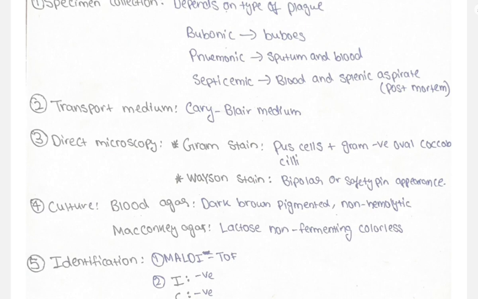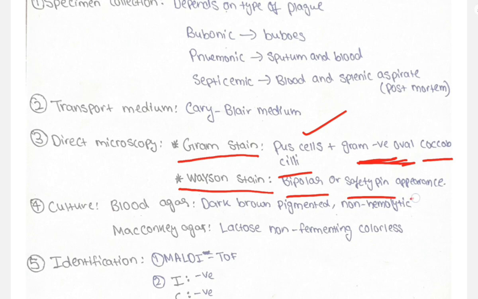Then when we do direct microscopy, what do we see? We do two types of direct microscopy, Gram stain and Wayson's stain. In Gram stain, we see the pus cells and Gram negative oval coccobacilli. In Wayson's stain, we see a bipolar or safety pin appearance.